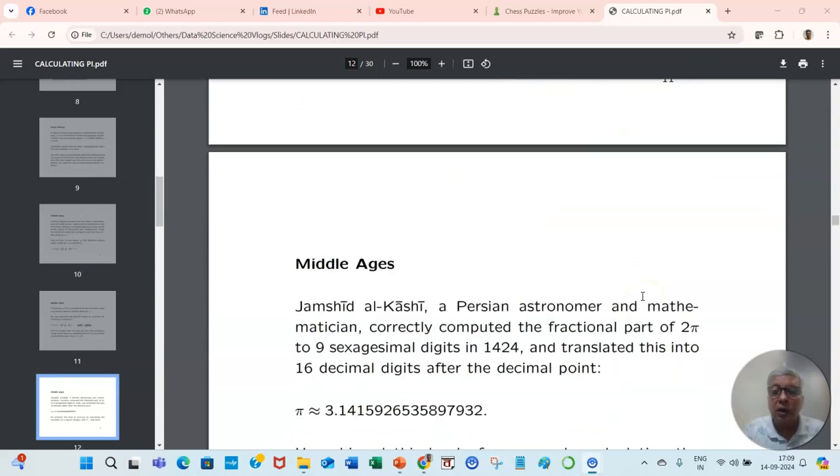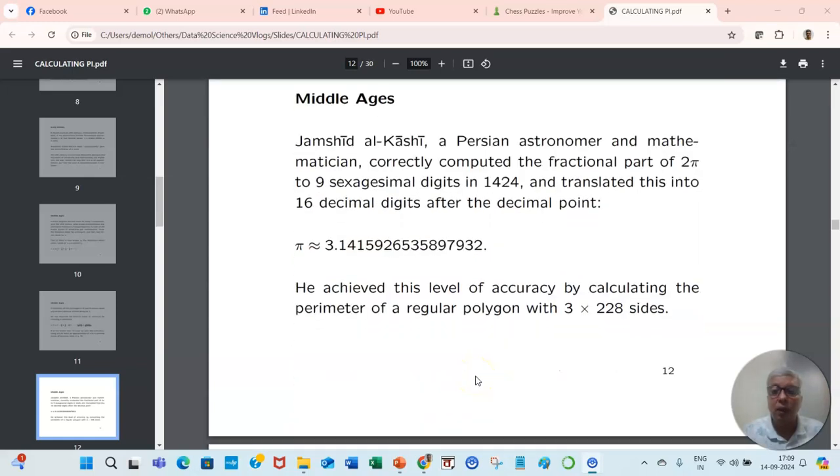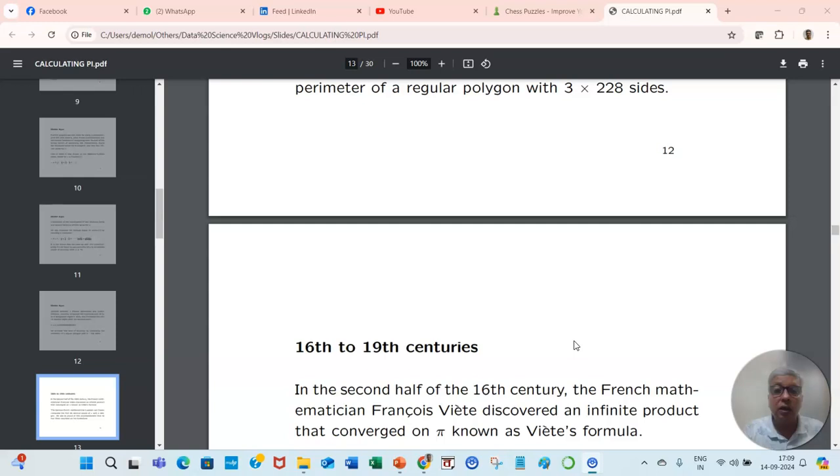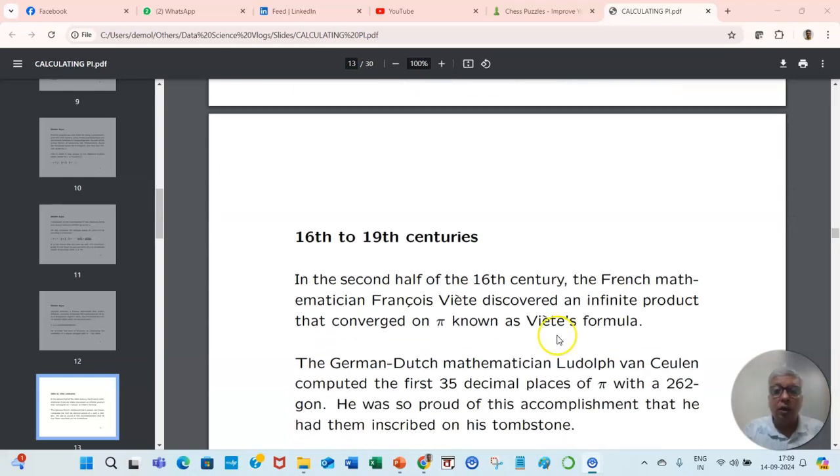In the Middle Ages, a Persian astronomer approximated pi as 3.1415926535897932, which is correct up to 16 decimal places. He used a regular polygon with 3 into 2^28 sides. These are huge calculations. Viète's formula came out in the second half of the 16th century.